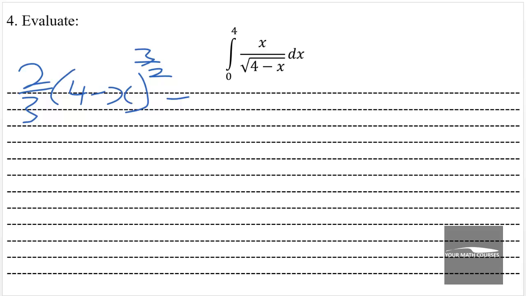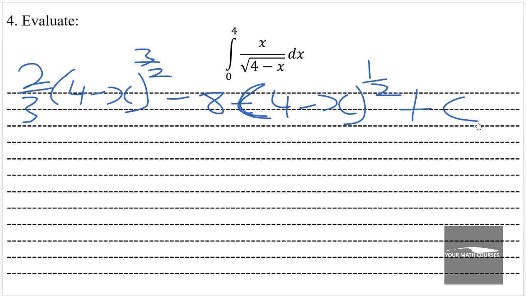It's not plus. So minus 8 times t exponent 1 over 2, and now the t is 4 minus x exponent 1 over 2 plus c. So that is the indefinite integral.